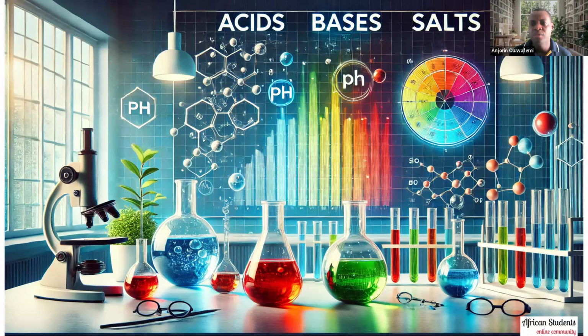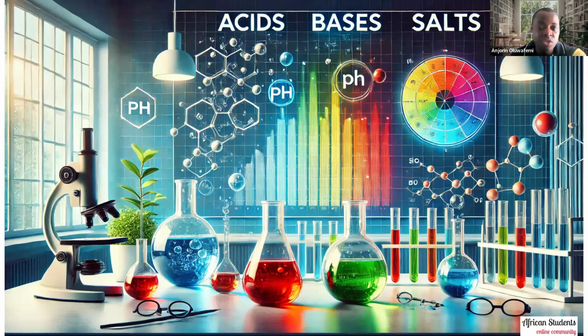We talked about their uses across different industries and also in the household. We also touched on the bases and we defined what a base is. We talked about the general properties, the physical and chemical properties of bases, and then we looked at their uses also.